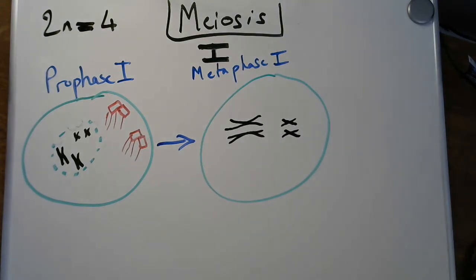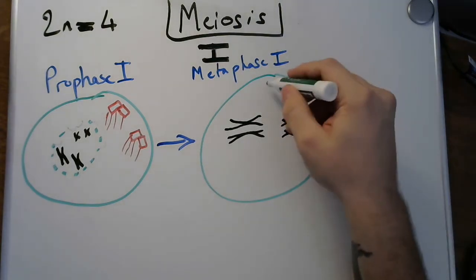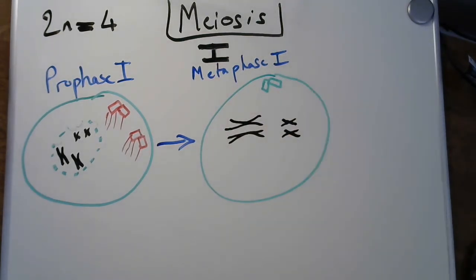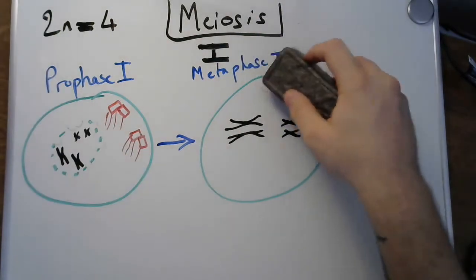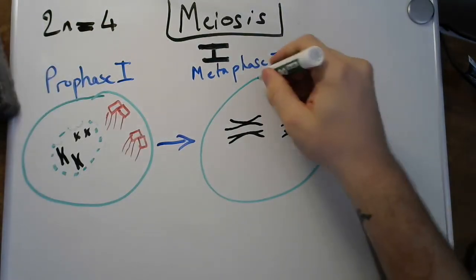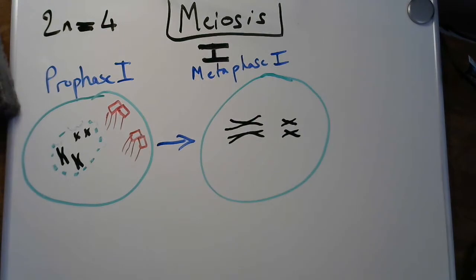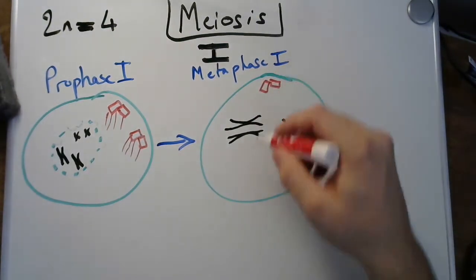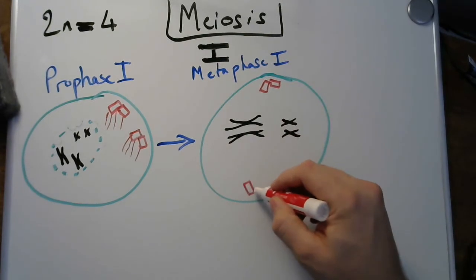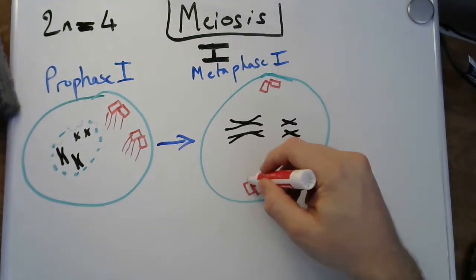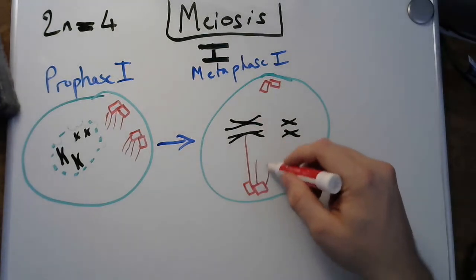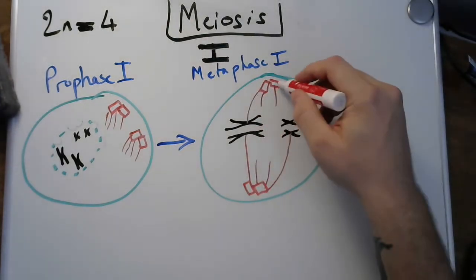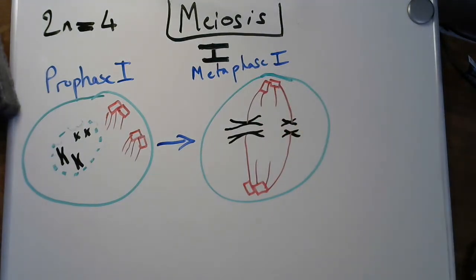Why do they align in the middle, and compared to what? Compared to the centrosomes. Remember the centrosomes? Maybe we should keep the same coloration going on. That would be great. So red for the centrosomes and the spindle fibers. So the centrosomes are on either side of a cell, and the spindle fibers are attaching at the centromeres of the chromosome. But notice the difference.